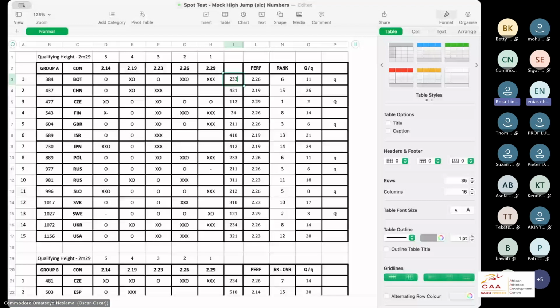The rule says the first thing is the height cleared, and then the number of attempts at the last height cleared will then determine who is at the top. The one with the least number of attempts takes a higher rank. So on that one, the last height cleared is 3 attempts. We can't say it's 2 because there are 3 attempts, 2 failures and a clearance.